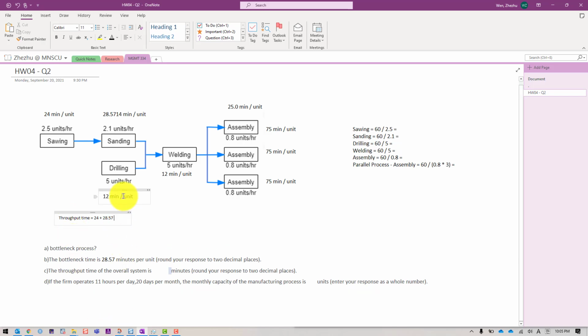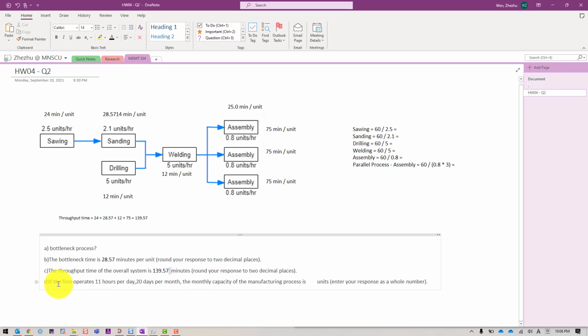This 12-minute will get ignored because it is taking shorter than the other branch process time, okay? And the welding is 12. And because we're doing throughput time, instead of using 25, we're actually using 75 minutes, which is the actual amount of time we need to spend on the assembly process itself. So it's 75, boom, 139.57. So I believe the solution will agree with mine.